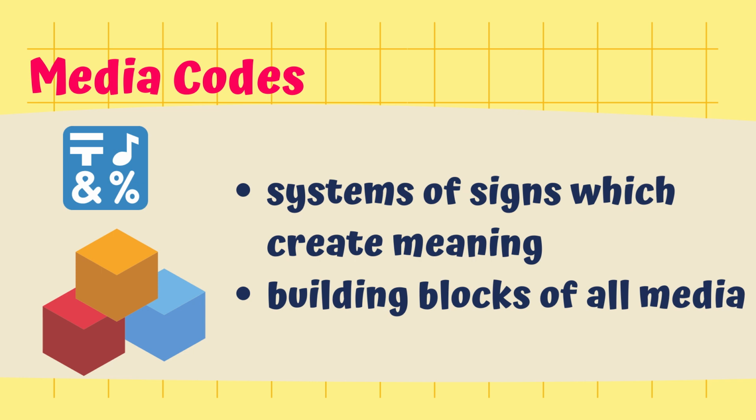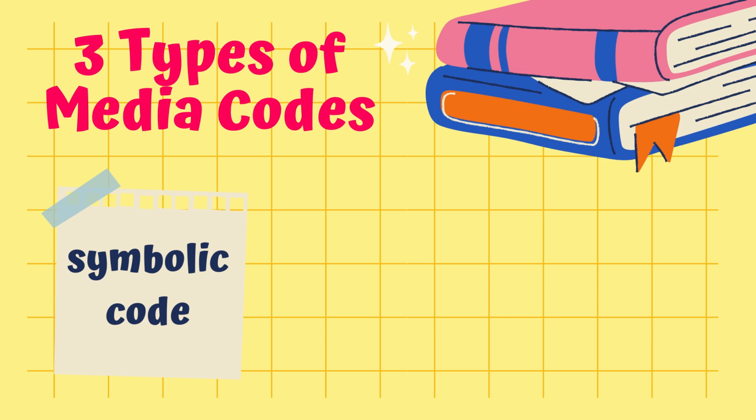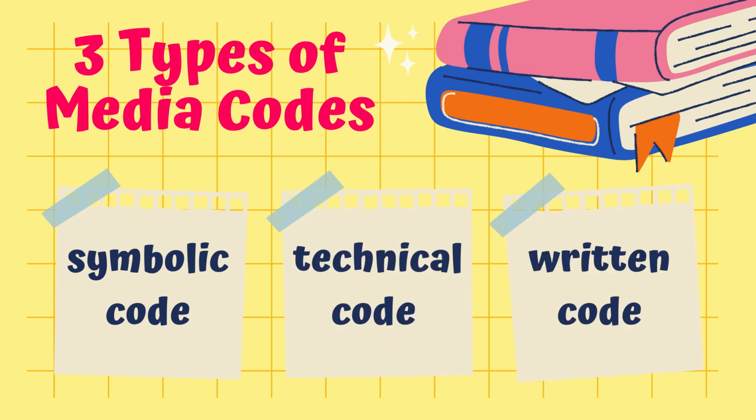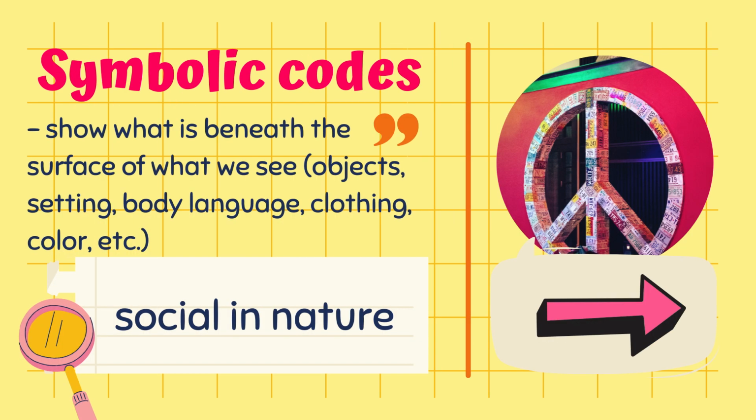There are three types of media codes: the symbolic code, the technical code, and the written code. Symbolic codes show what is beneath the surface of what we see. These are seen through the objects, setting, body language, clothing, color, etc. These are social in nature.